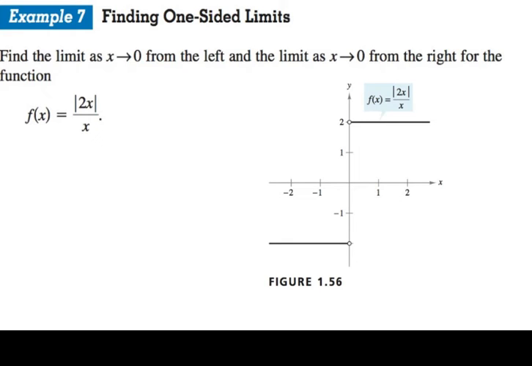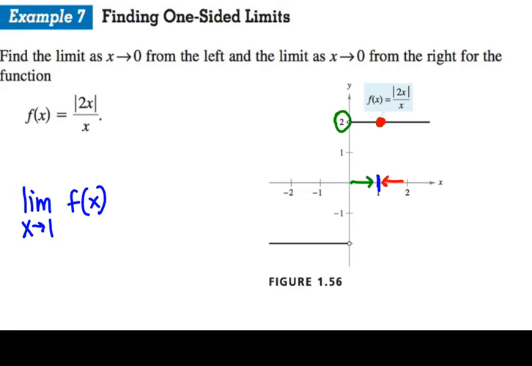So if I were to say, what is the limit of this function as x approaches 1? What's the limit as x approaches 1 of f of x? Well, from the left side, our function value is approaching 2. From the right side, our function value is approaching 2.